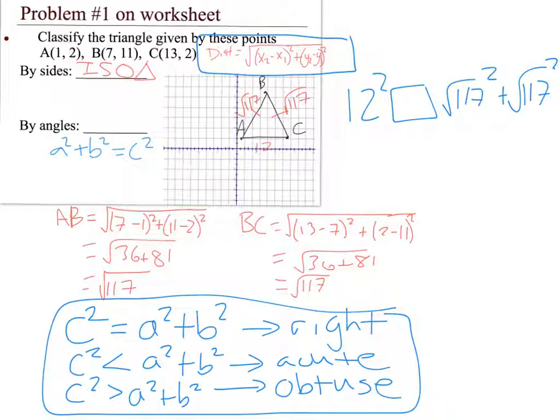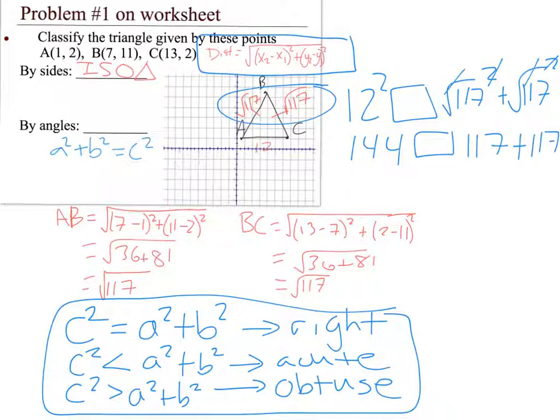And this is just another reason why I don't simplify my radicals in these situations, regardless if it could be simplified or not. 117 can't. Regardless, when I go to square everything, the only time I'm using the radical is to figure out which side is bigger, and I can clearly see that from what I have going on right here. But over here, when I'm squaring it, this is so easy now. Cancels, cancels. And I've got 144, and that's 117 plus 117.